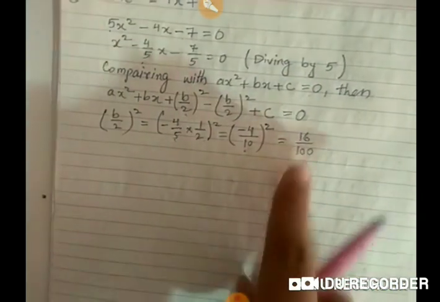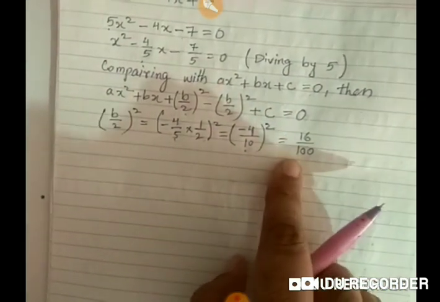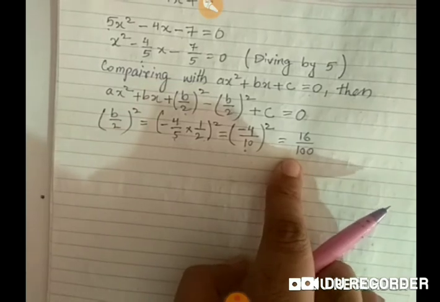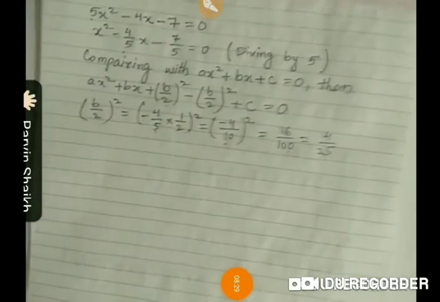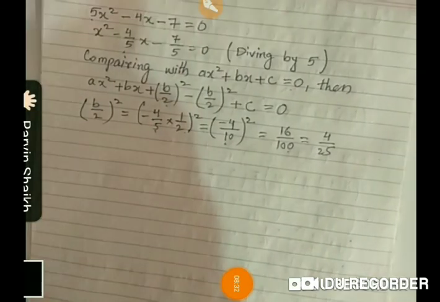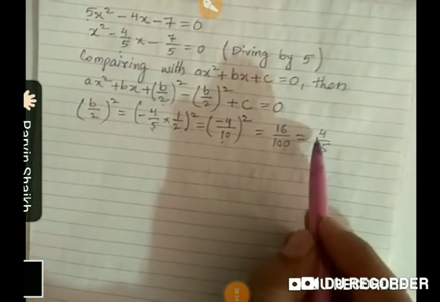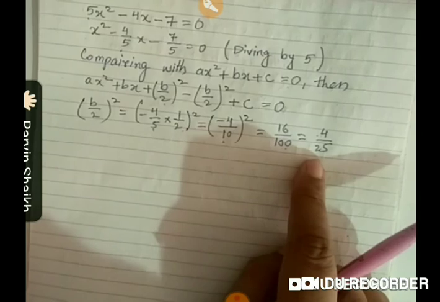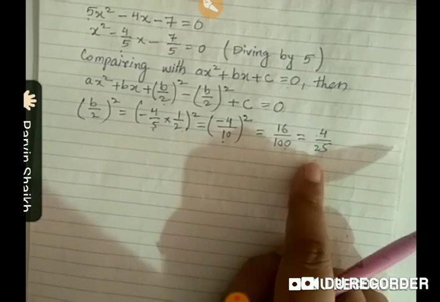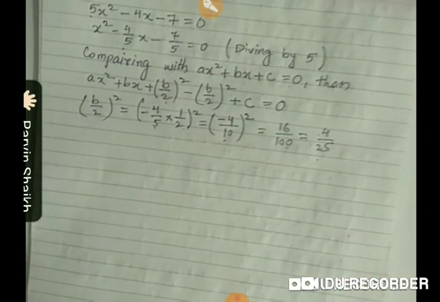So this is your third term, 16 upon 100, that is 4 by 25. What I'll do, I'll add this in my question. I'll add and subtract it.